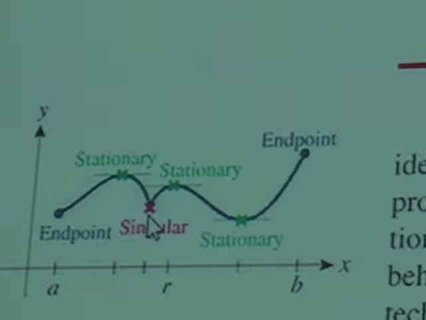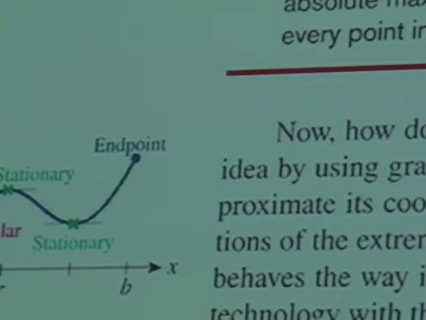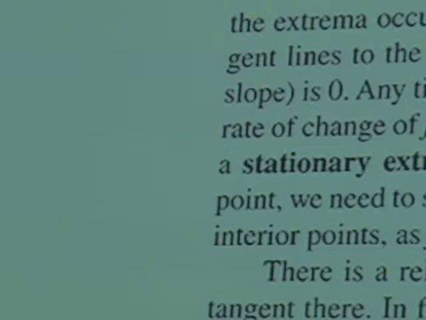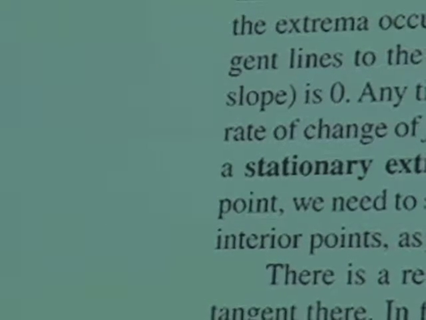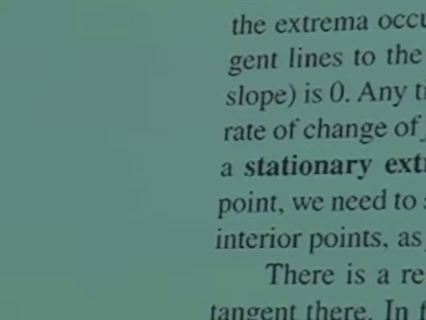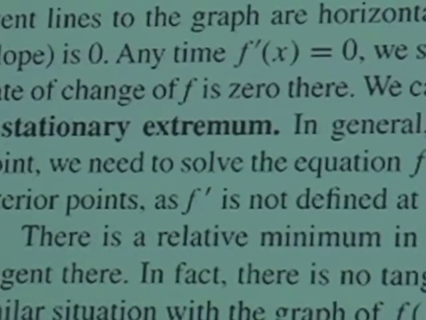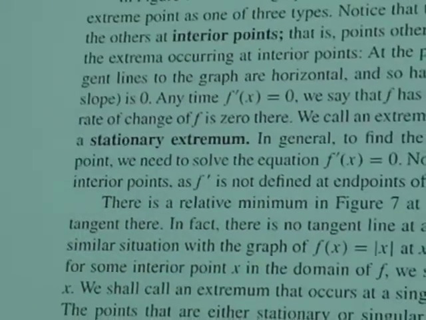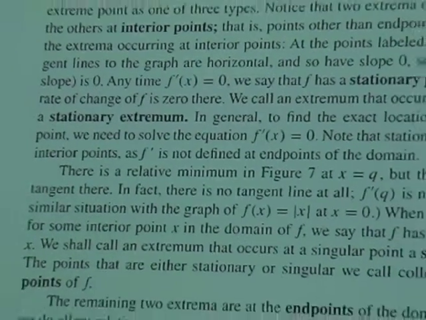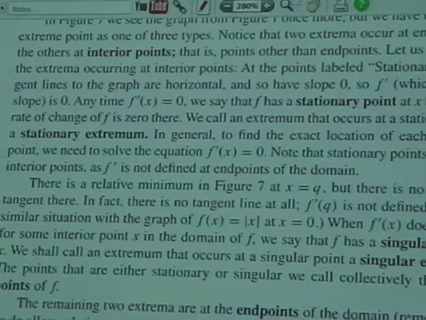Singular. Okay? We say that f has a singular point. We call an extremum that occurs at a singular point a singular extrema. The points that are either stationary or singular, we call collectively the critical points.